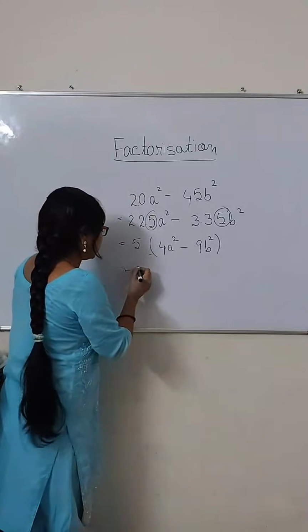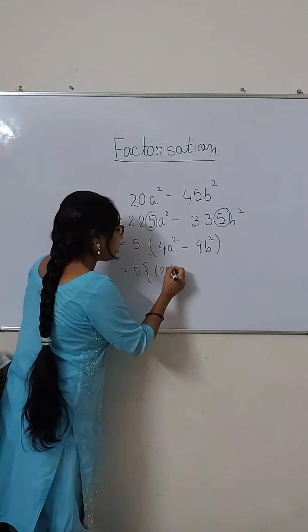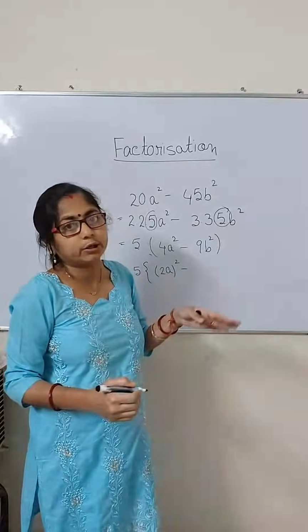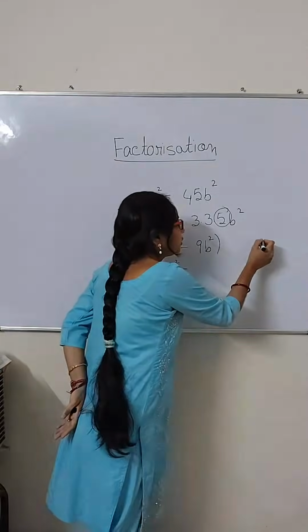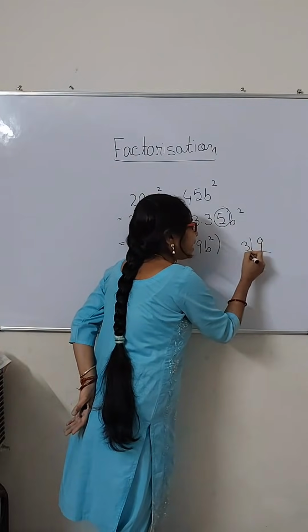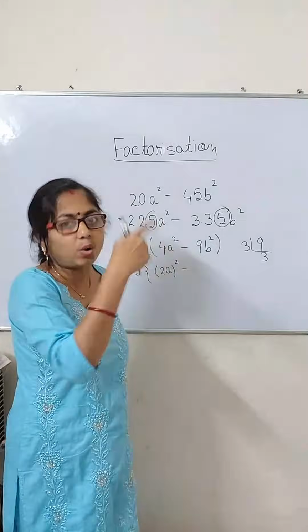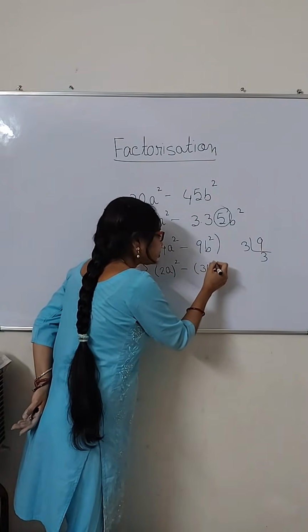You write it this way: 2a whole square minus, and change the 9 into square format. But then the question is how it is possible. Look, there is 9. You do it by the prime factorization method. 3 into 3, you can write 3 whole square. Okay, so I can write 3b whole square.